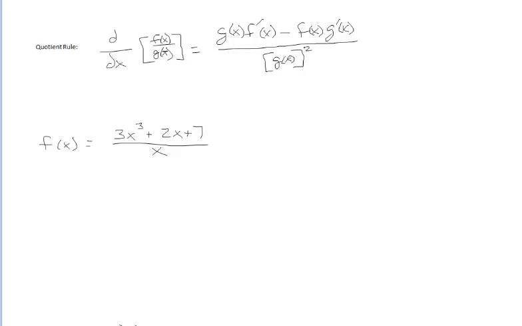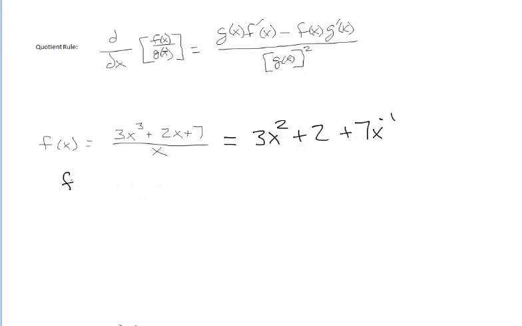Here in this first example, I wanted to remind you that we want to use the easiest rule possible, and in this case we saw in the power rule video that we could simplify this and rewrite this function as 3x squared plus 2 plus 7x to the negative 1, and then we could use the power rule.